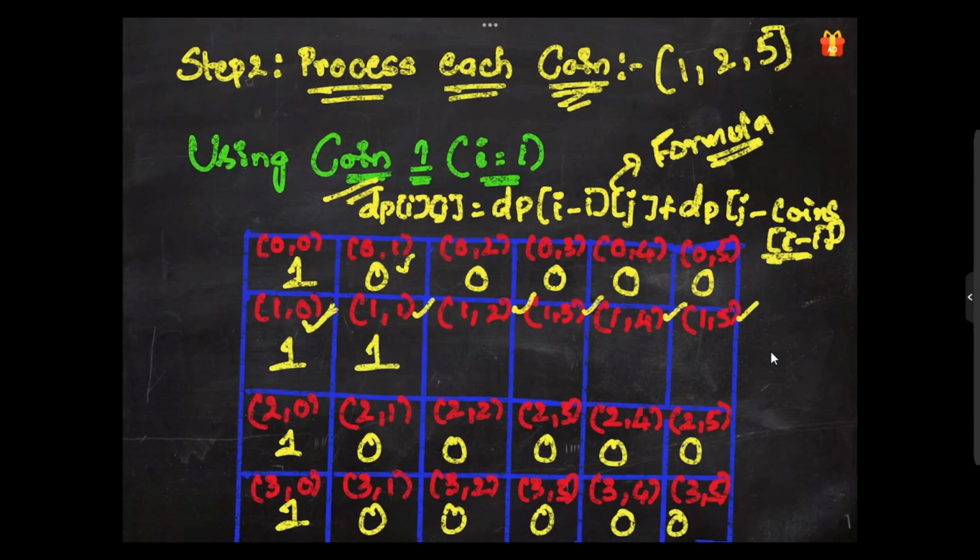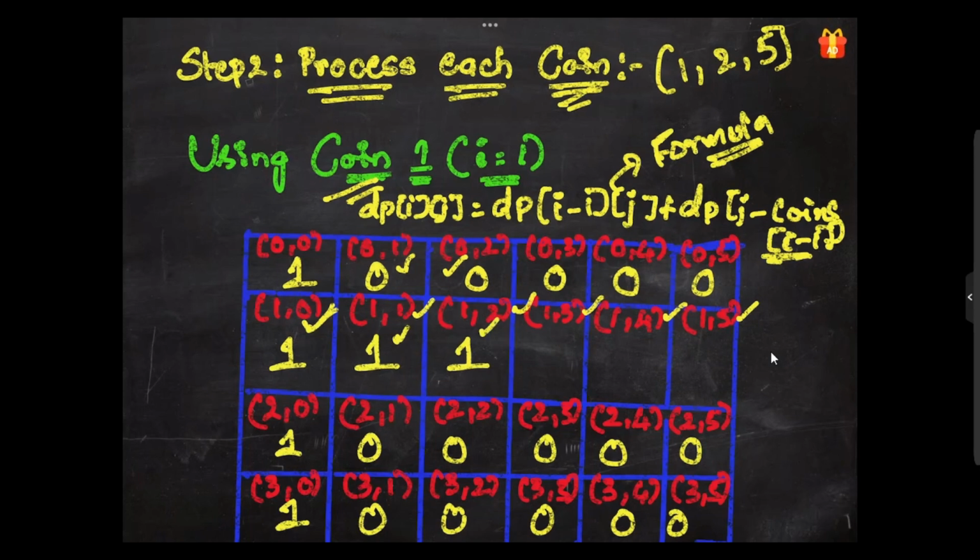This will be 1 itself, right? Next, DP of 1,2. According to the formula, it is DP of 1,1, which is 1, plus DP of 0,2, which is 0. So again it is 1. DP of 1,3 is DP of 1,2.